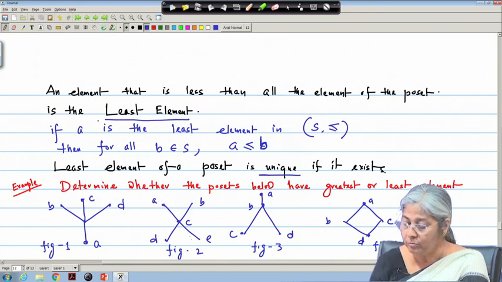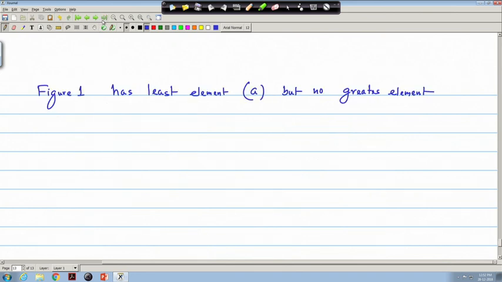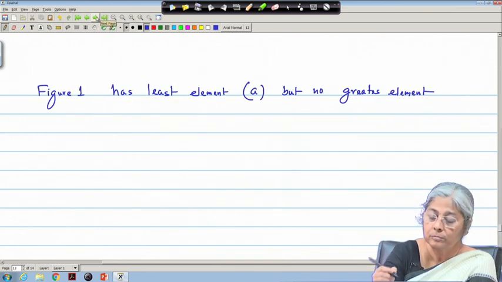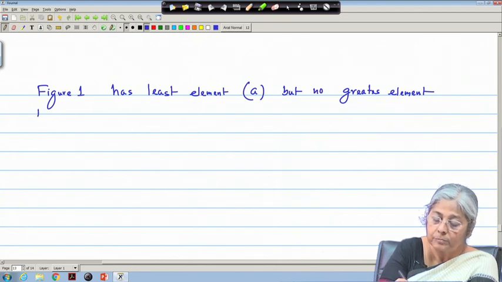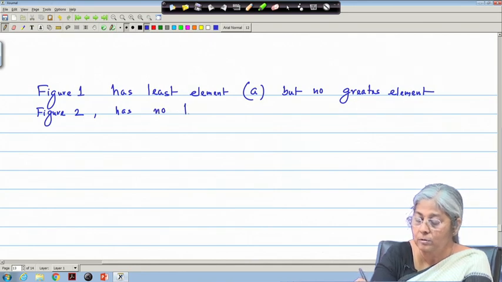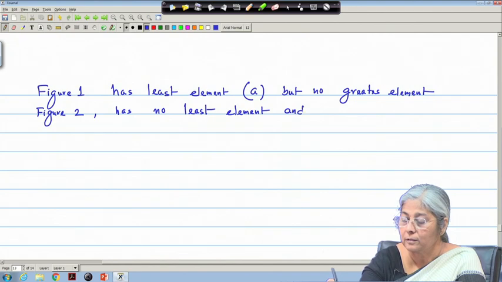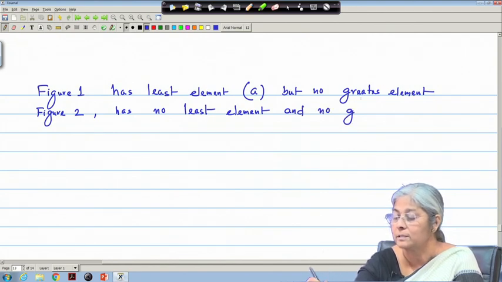If we see figure 2, here the greatest element is A, but there is no least element. So, figure 2 has no least element and also no greatest element.